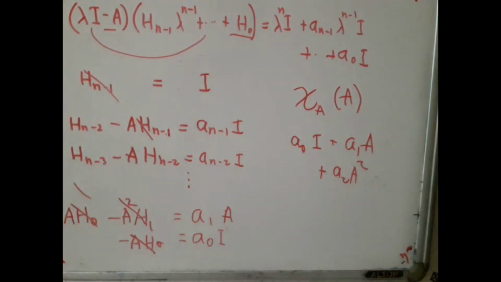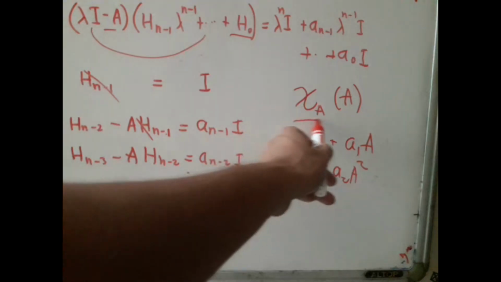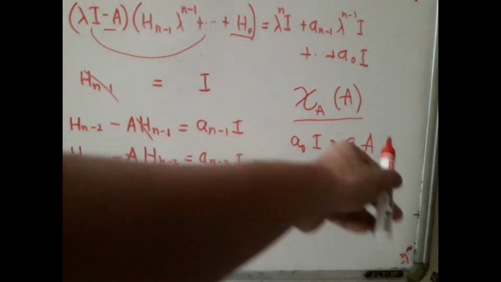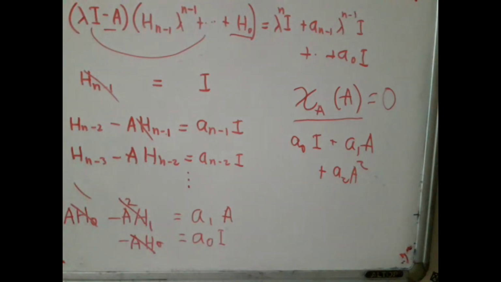Finally everything telescopes out, and on this side you will be left with the characteristic polynomial of A evaluated at A. On the other side you will be left with nothing, so you will get the 0 matrix. So that is one way of proving the Cayley-Hamilton theorem. This is not the proof given in the Rao Bhimasankaram chapter, but I think this is a more elegant way of proving it.